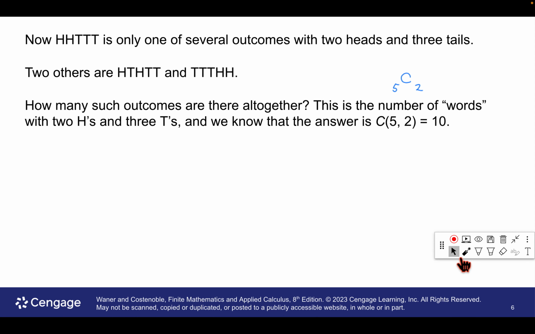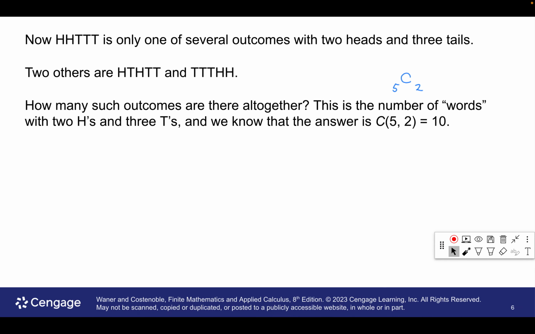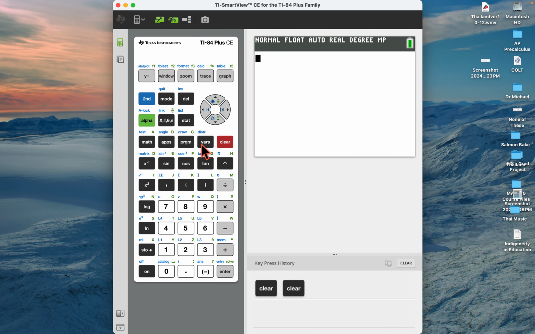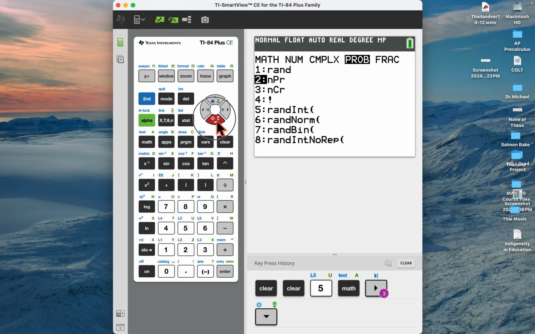And again, I'm just going to remind us how we go about calculating that. Let me get down. Let's see, here it is. Remember, to calculate that, we enter the number 5. We go to the math menu, because this is what we're going to use. And it's always going to be, in this case, a combination.